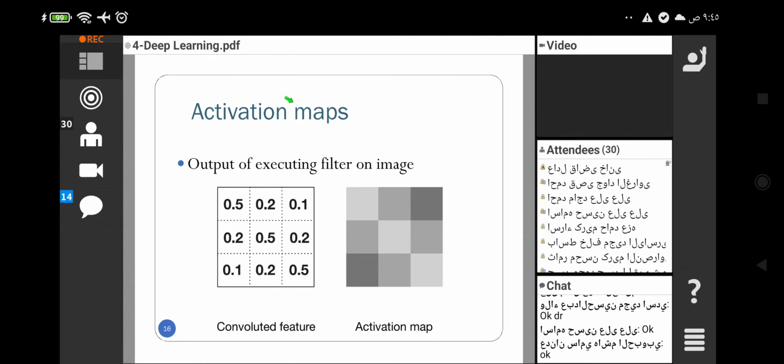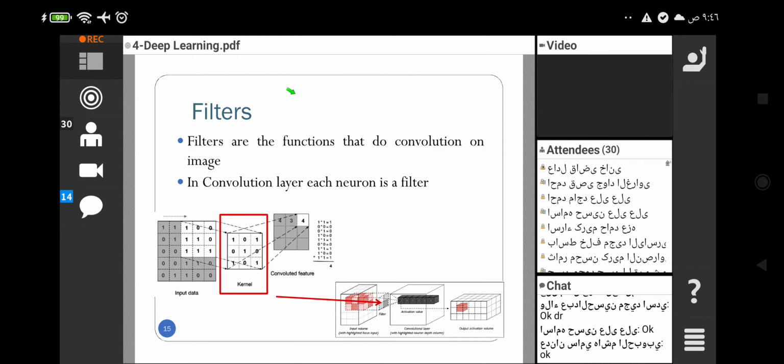These are the outputs of the convolution, and these are the features. Activation map means the output of the convolution. When you are doing a convolution, the output is the activation map. In this slide, this is the activation map.